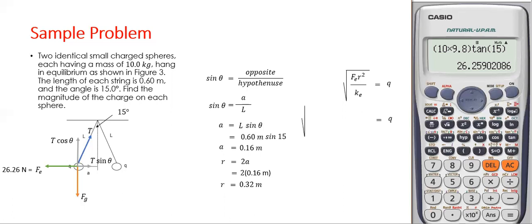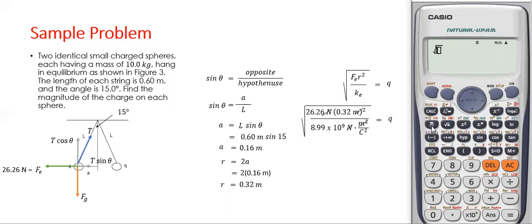Q is equal to square root of 26.26 Newtons times 0.32 meter squared divided by 8.99 times 10 raised to 9 Newton meter squared per Coulomb squared. Ang charge po natin ay equal sa 1.73 times 10 raised to negative 5 Coulomb.